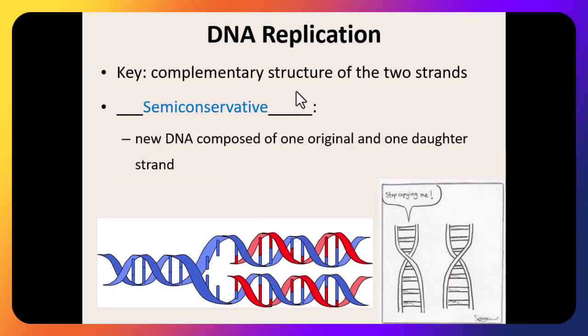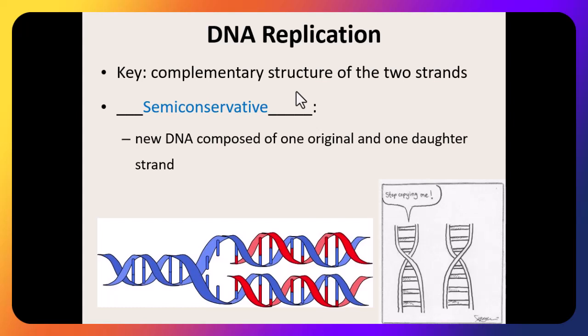When we make new DNA, when it replicates, it's also done in what's known as a semi-conservative model. So if we had one double-stranded DNA, but we have to duplicate it, so now we have 2 double strands of DNA.